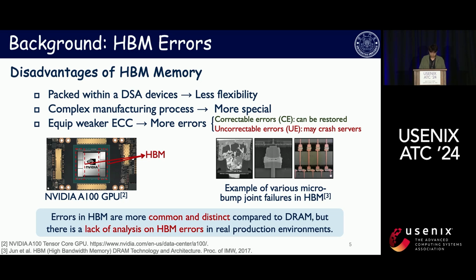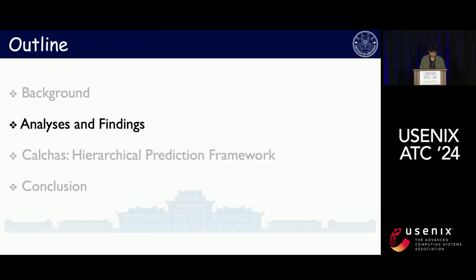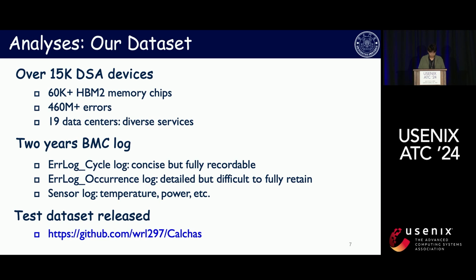However, there remains a lack of analysis of the characteristics of HBM errors in real-world production environments. Therefore, in this study, we perform a thorough analysis of HBM errors to identify unique error characteristics. Our dataset includes data from over 15,000 DSA devices, totaling over 60,000 HBM memory chips.